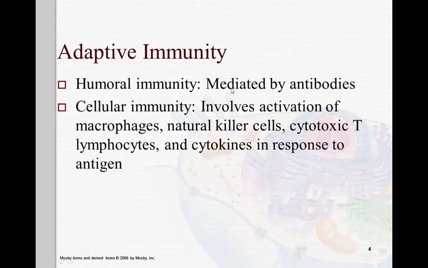If the plasma cells or lymphocytes type B are in charge of production of antibodies, then it is common sense that humoral immunity is mediated by lymphocytes type B or plasma cells. In the same way, cellular immunity involves the activation of macrophages, natural killer cells, or cytotoxic T cells, so it is common sense that cellular immunity is mediated by lymphocytes type T.